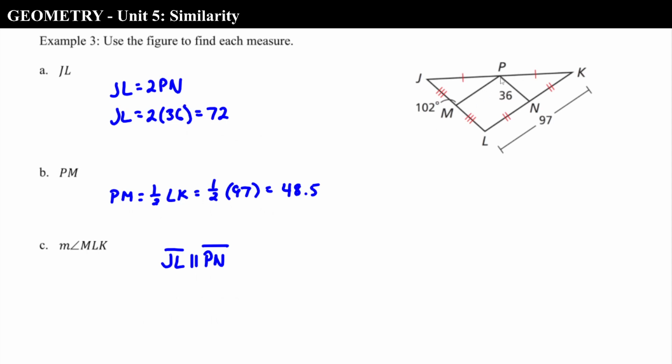If this is our transversal, and we're looking for MLK, we know that MLK is going to be the same as JMP, because we also know that these two are parallel as well, MP and LK. So what we have is corresponding angles. MLK is equal to JMP. So therefore, the measure of MLK is 102 degrees.